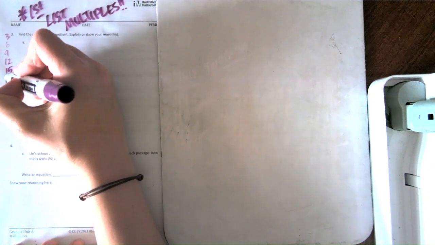So I'm going to start here and I'm going to list my multiples. 3, 6, 9, 12, 15, 18, 21, 24, 27, 30 is the 10th one, and that is typically where we always stop. This just gives us a really good foundation from which to start our division.